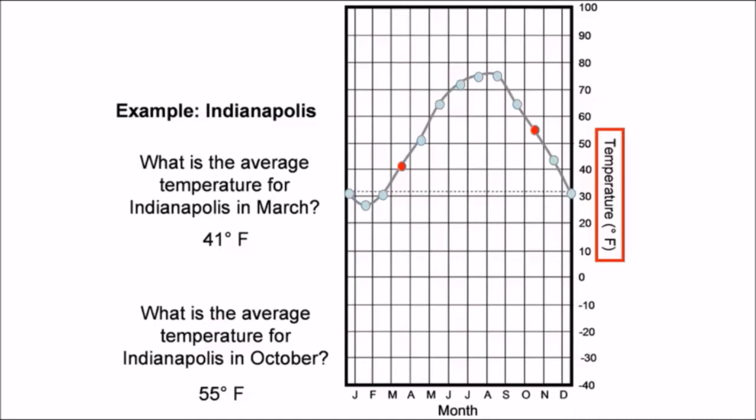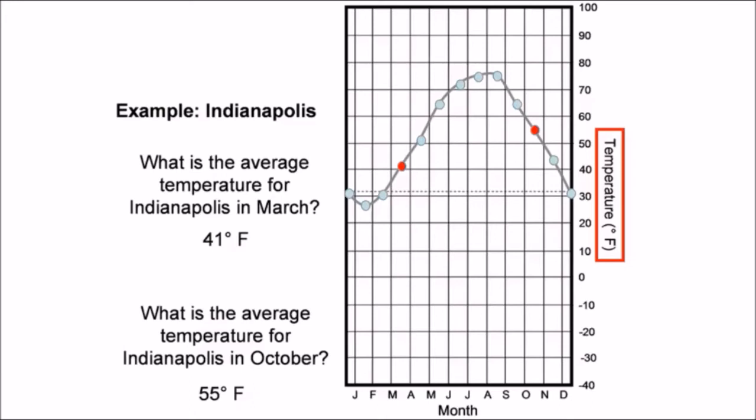Second, on the right-hand side is temperature in degrees Fahrenheit, going all the way up to 100 at the top right-hand corner and all the way down to -40. You're going to plot temperatures for different months. In this example of Indianapolis, I've already done that. Look at where the dots are placed.